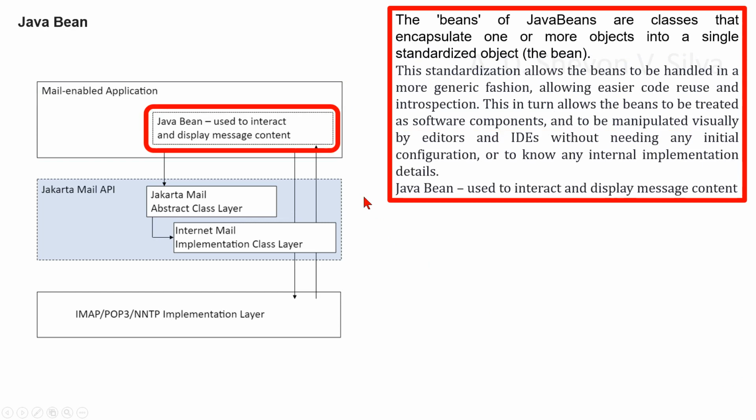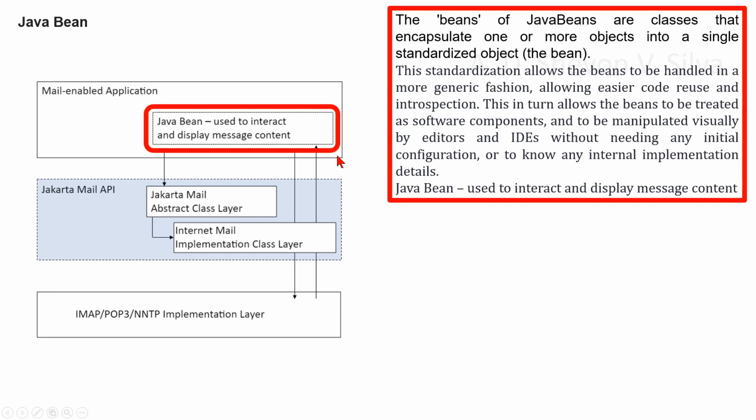Now we are focusing on JavaBeans used to interact and display message content. The beans of JavaBeans are classes that encapsulate one or more objects into a single standardized object, the bean. This standardization allows the beans to be handled in a more generic fashion, allowing easier code reuse and introspection.